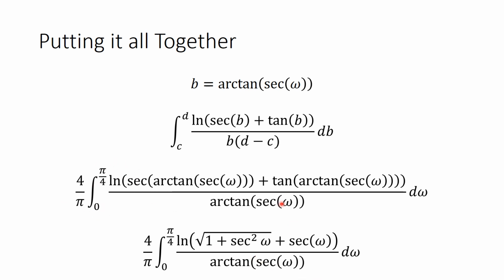And then of course tangent of arctan of something is just that something, because these are inverse functions. And there's not really a nice way of simplifying the arctan of secant, because it's like the measure of the angle of the ratio, so it just doesn't really simplify that well.